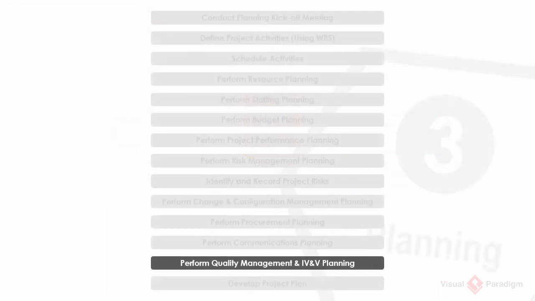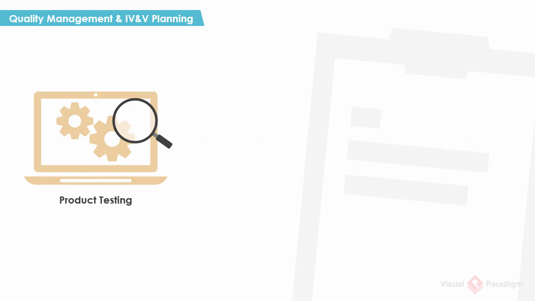Perform quality management and IV&V planning. This activity involves the planning of product and project-related quality assurance activities. It's divided into 3 parts. The first one, identify the planning of product-related quality assurance activities. Define the in-process control plans, which address quality control areas.